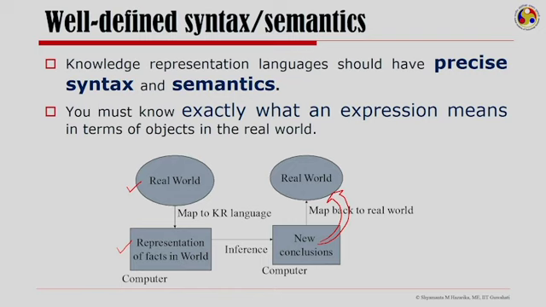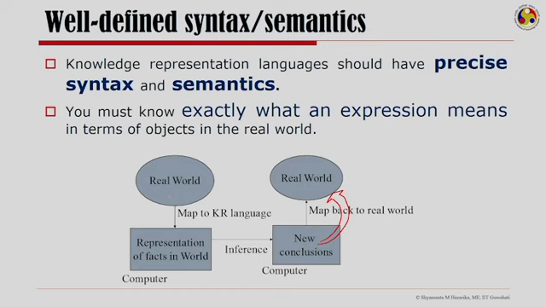If I do not have clear semantics on the meaning of each of the symbols that I am using here, this mapping back to the real world will be either ambiguous or would not be possible at all. So, one needs to have precise syntax and semantics for a knowledge representation language. This is something that one needs to understand very, very clearly.